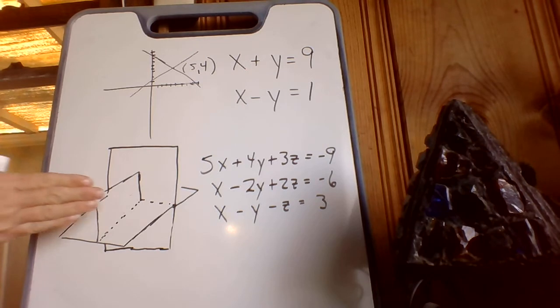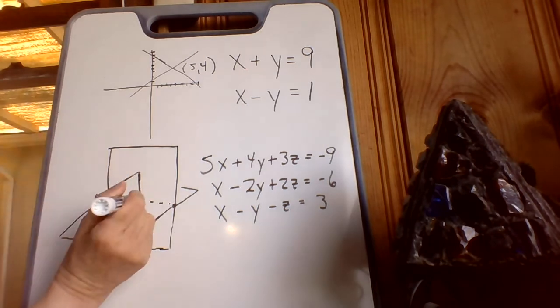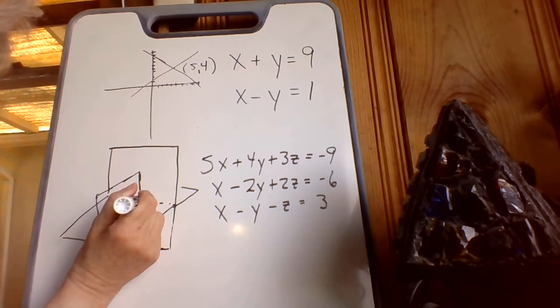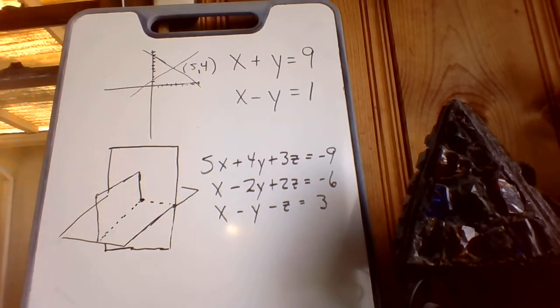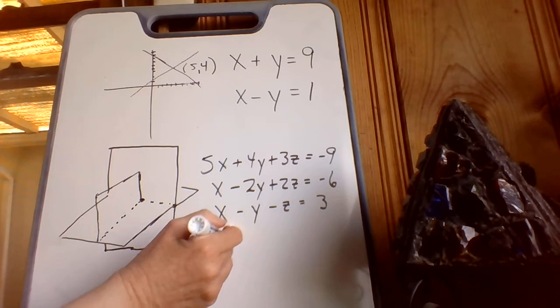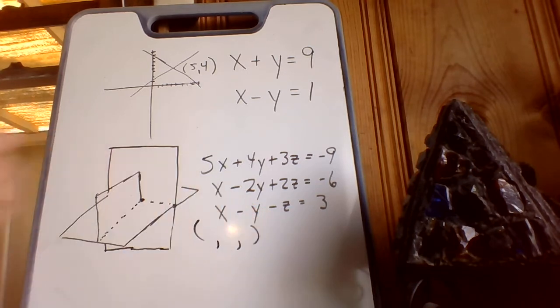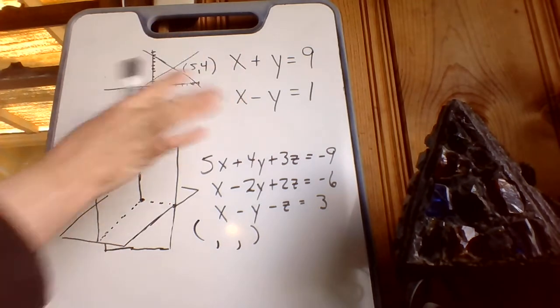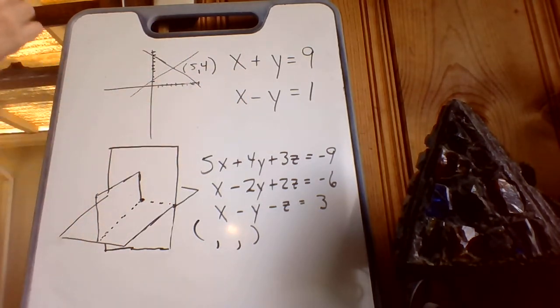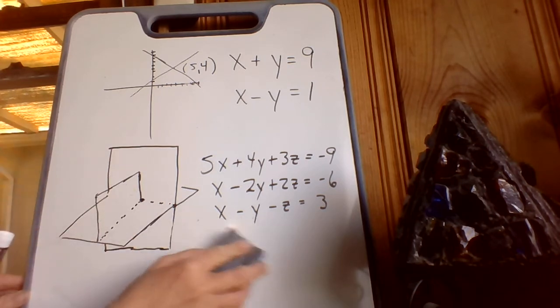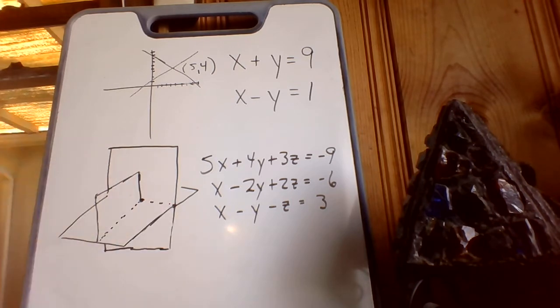And then if the third piece of paper comes sliding in this way, it's going to crash in as well, and it's going to meet at a point like that one. And that would have an X and a Y and a Z, and that would be the answer. And if it was a pain to do this, just moving two numbers around, it's a real pain to do three numbers. An X and a Y and a Z, and you really don't want to do those by hand anymore.